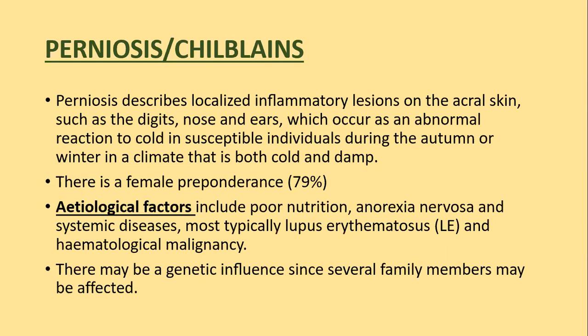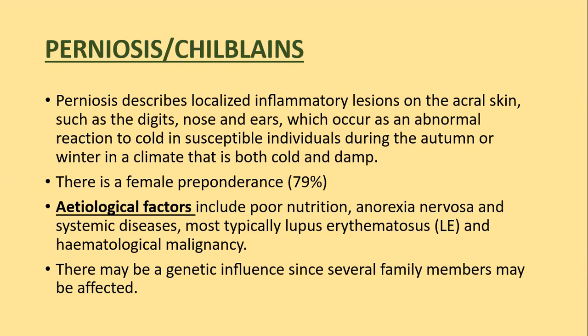The third condition we are going to discuss is a very common condition we commonly encounter, and it is perniosis, or chilblains. Perniosis describes a localized inflammatory reaction with lesions on the acral skin, such as digits, nose, and ear, that occur as an abnormal reaction to cold in susceptible individuals during autumn or winter, in both cold and damp weather.